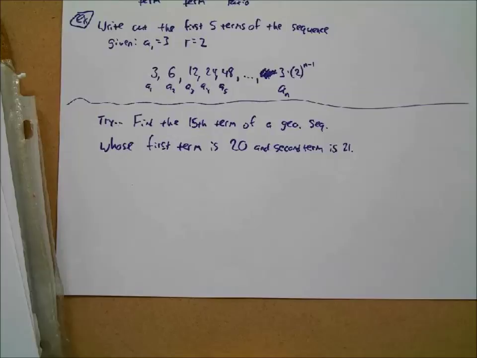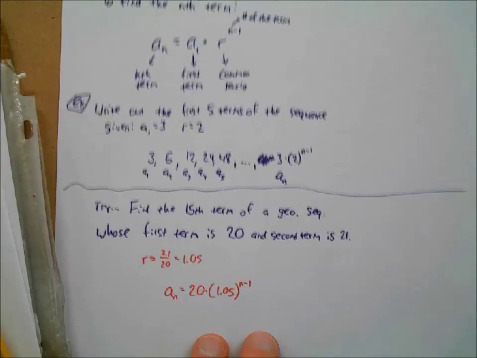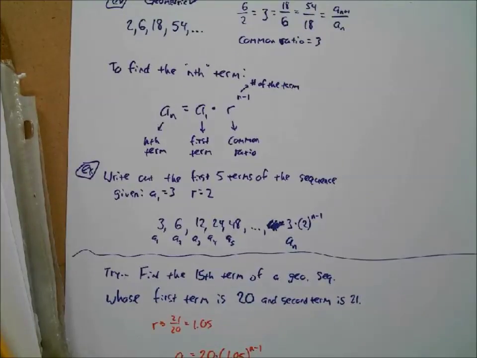All right, so let's talk about this then, Cooper. Do you have any idea where to start here? Not particularly. Okay, so we have a formula we just talked about, how to find the nth term of a geometric sequence. So, a sub 15.